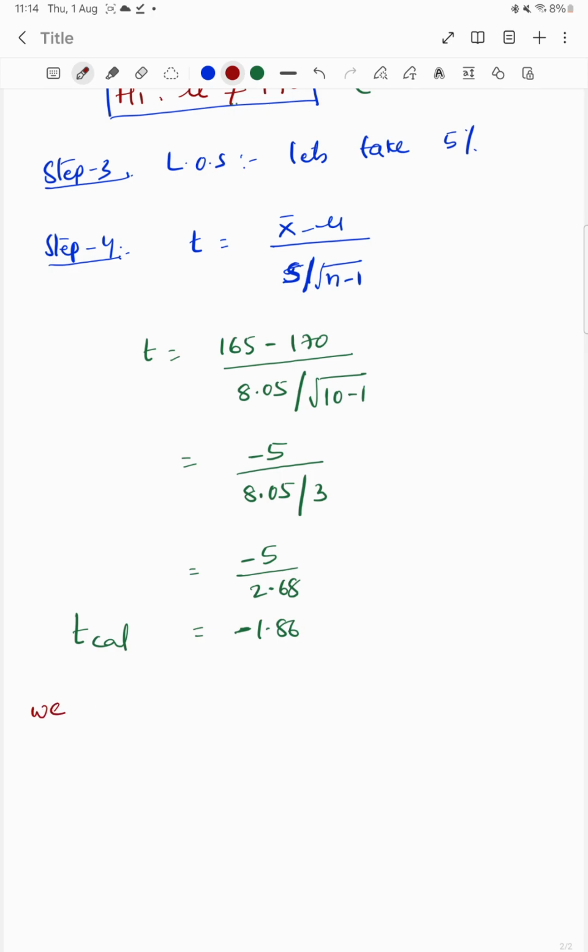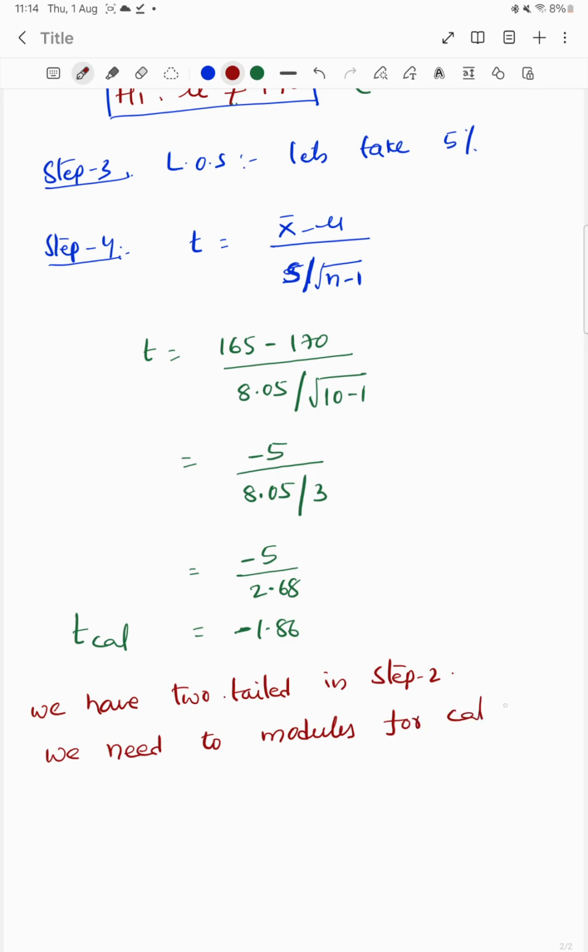We have two-tailed in step 2, so we need to take the modulus of the calculated value. So T cal is equivalent to the modulus of minus 1.86.